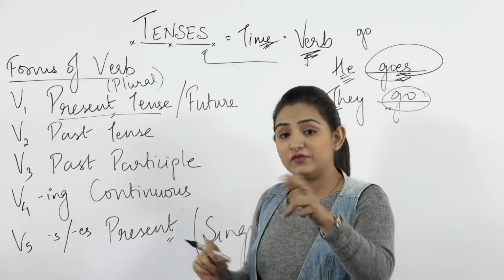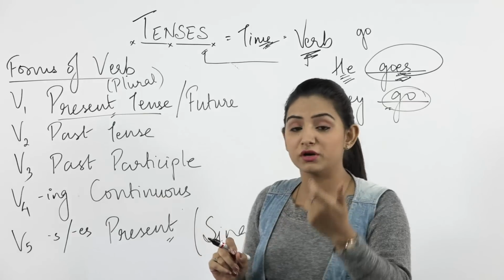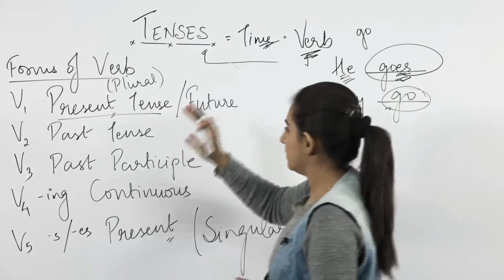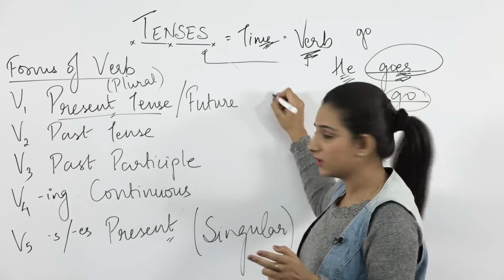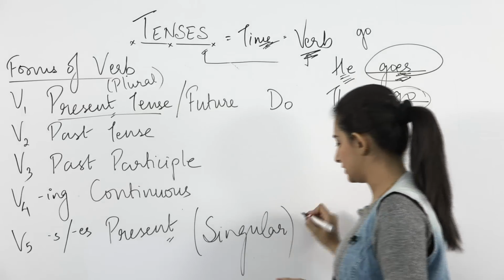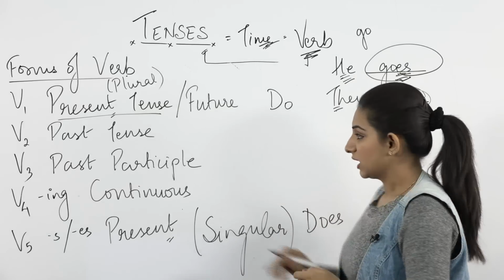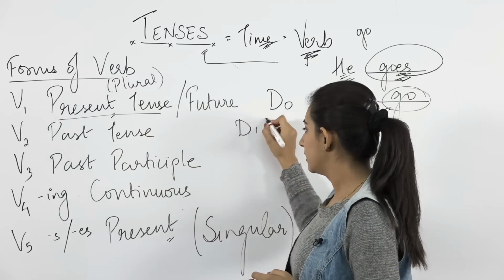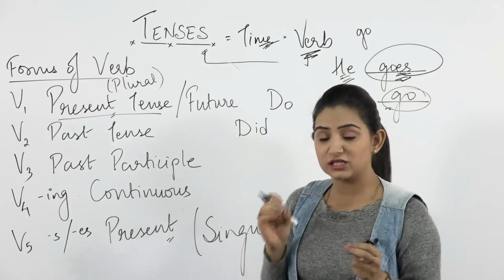So if we talk about the do sentences again, जो हमने do का example लिया था, उसको हम अगर एक बार और discuss करते हैं, तो tell me, verb's first form will be what? Do. And if we talk about the fifth form, it is does. If we talk about the second or past tense, it is did. And what is the past participle?